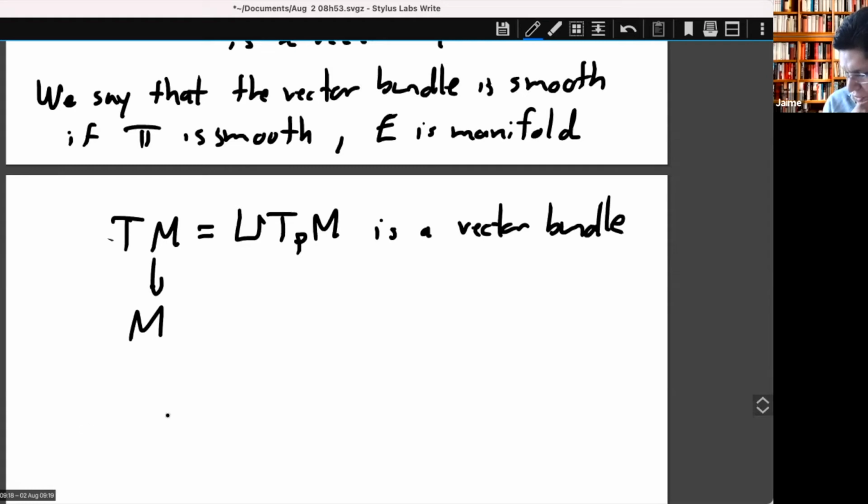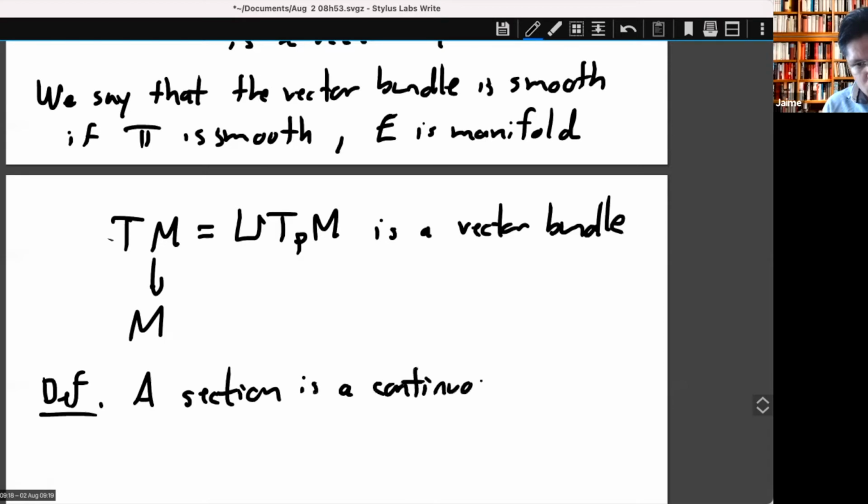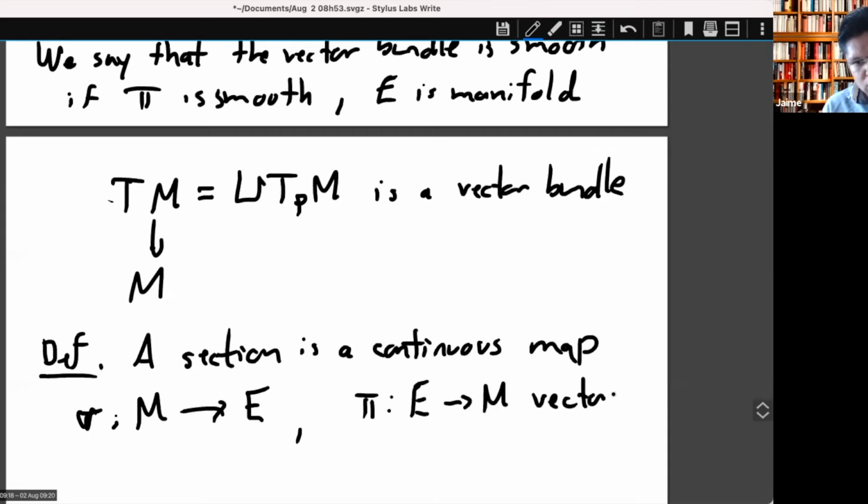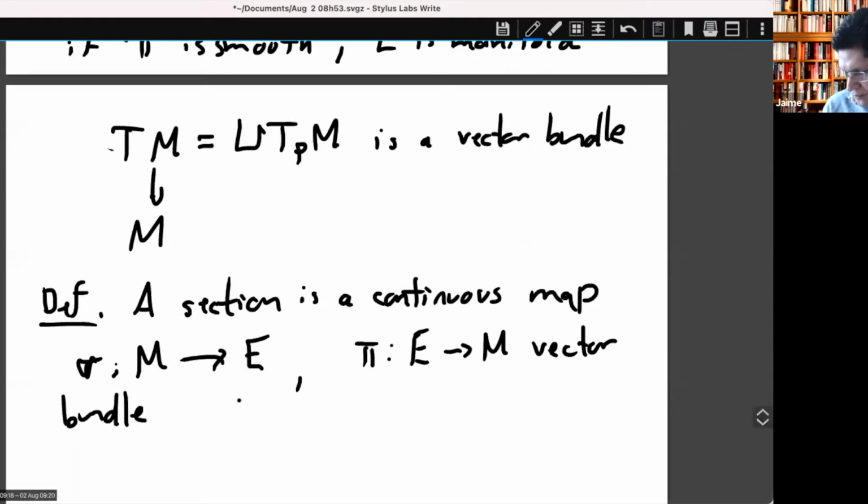you can define sections. A section is, sorry, a section is nothing but a continuous map sigma that goes from M to E when you have a vector bundle, such that when you go back by pi, you recover the point, right?